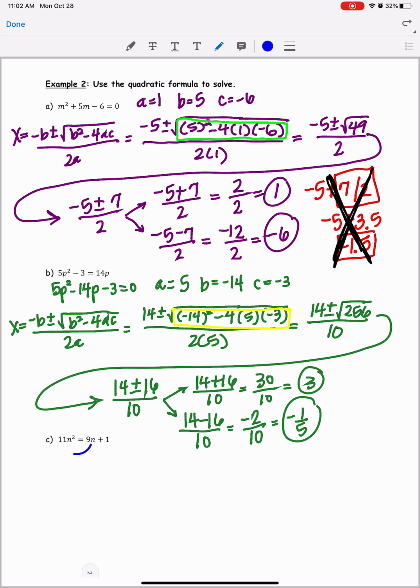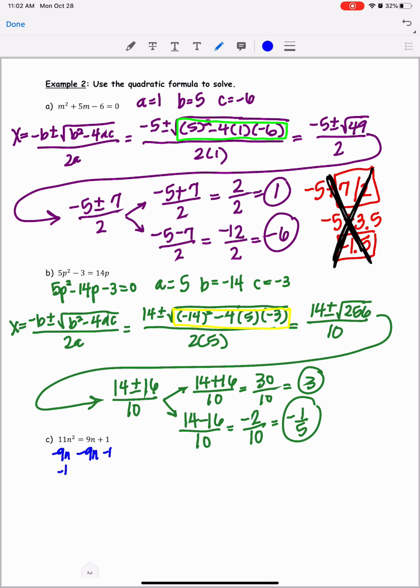So that means I need to move this over and this over, because it doesn't matter if those are positive or negative, but we want that squared term to remain positive. Now it actually technically doesn't matter in the quadratic formula, but just for factoring purposes, it does matter. So we're just going to stay in the habit of keeping that x squared term positive. So that means I've got to subtract my 9n over and subtract my 1.